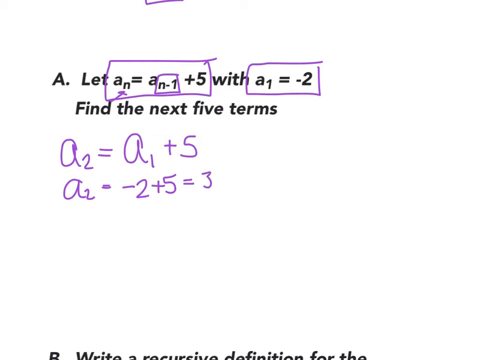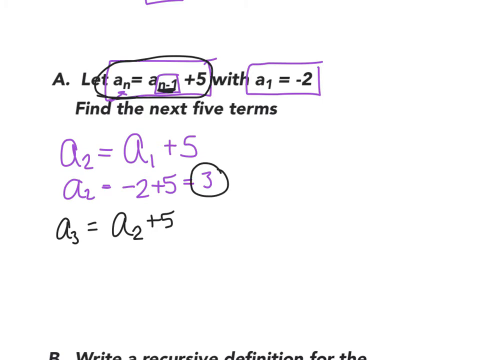Then you go and you find the next term. So let's say I want a sub 3. I'm going to replace all the n's in this equation with the number 3. So a sub 3 equals, and I'm going to do that math in my head, 3 minus 1, so a sub 2 plus 5. And I just found a sub 2 here, so I get 3 plus 5 equals 8.